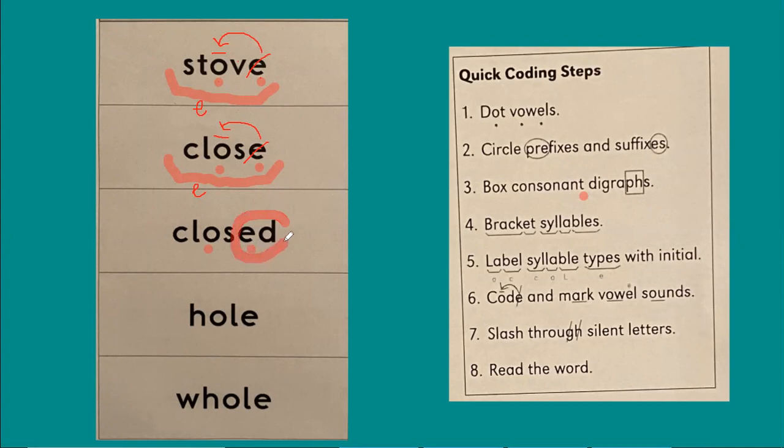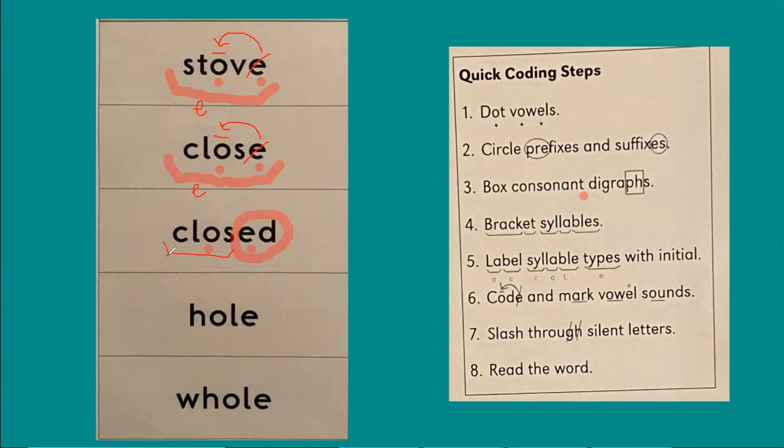And then it says bracket syllables. So if we say closed, we see there's a little bit of a break. We just hear that close sound, and then there's a suffix at the end, so we don't have to bracket that in. It's already labeled, okay?